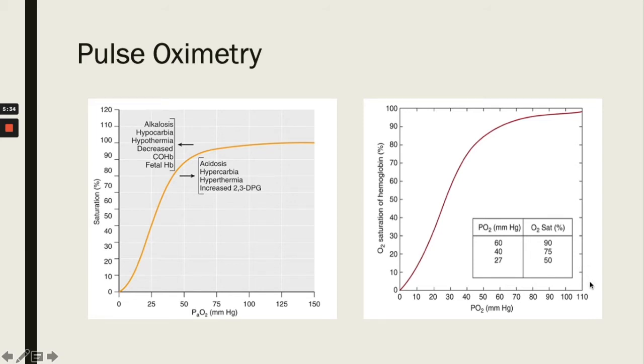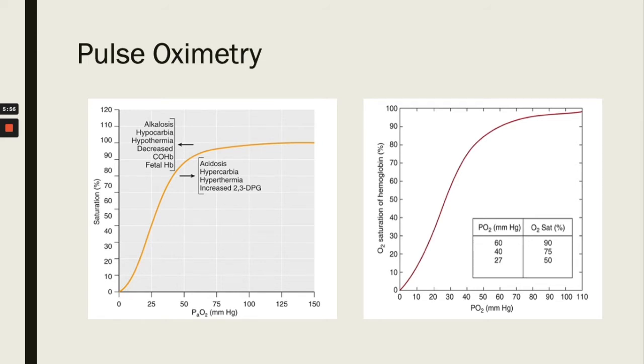And if the PO2 is 27 millimeters of mercury, we can predict the O2 sat is about 50%. And this is for adults in normal conditions, or a healthy adult where there are no other comorbidities or other problems going on. These are the predictions that can be made on this PaO2 here.